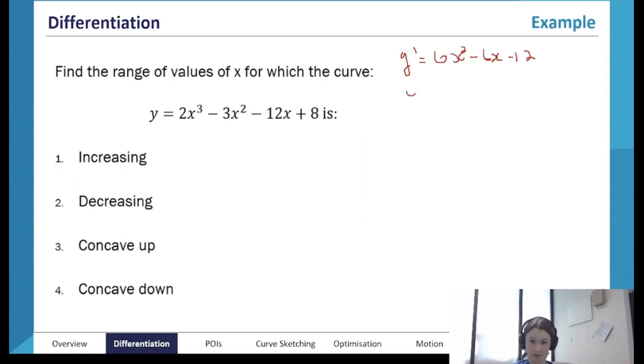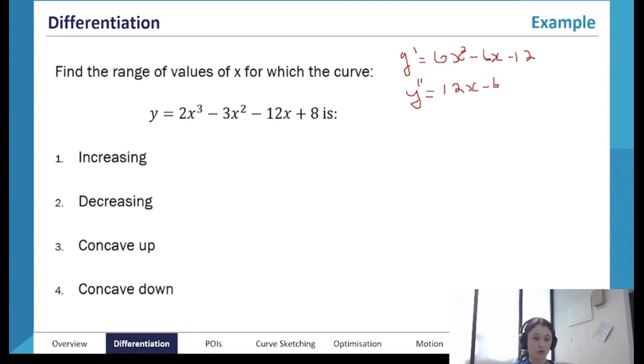So we're going to find the second derivative as well. And this is just going to be the derivative of our first derivative here. So we're going to have 12x minus 6. So now we're going to need to apply the rules that we learned previously.